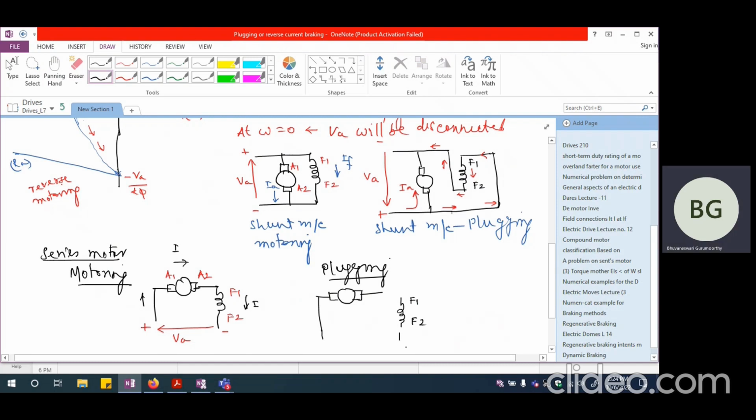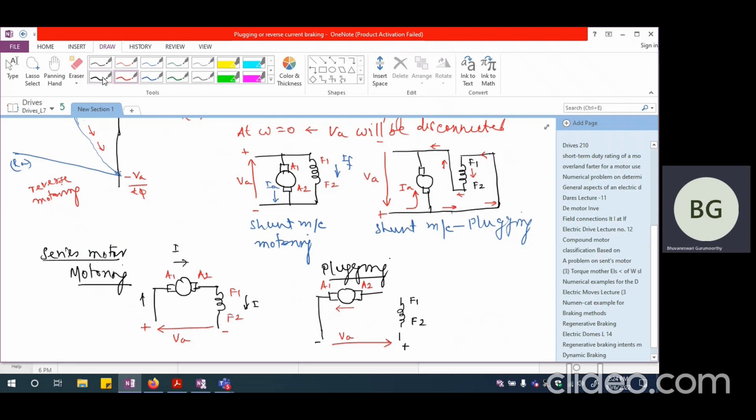So I'm going to have plus here and minus here, and this is going to be whatever is my VA. I want basically the armature current to flow now from A2 to A1, whereas the field current should still flow from F1 to F2.